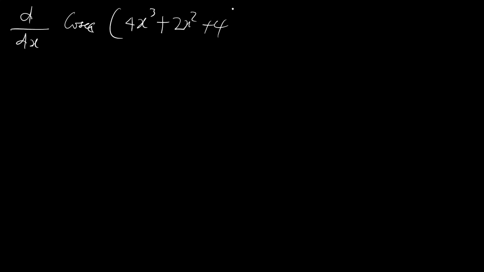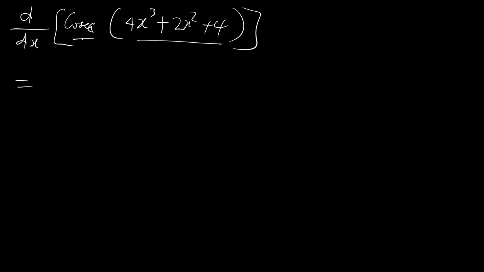And the next is, now let's say find the derivative of cosec. Let's say cosec 4x cubed plus 2x squared plus 4. Now for us to do this, you differentiate this with respect to this function.